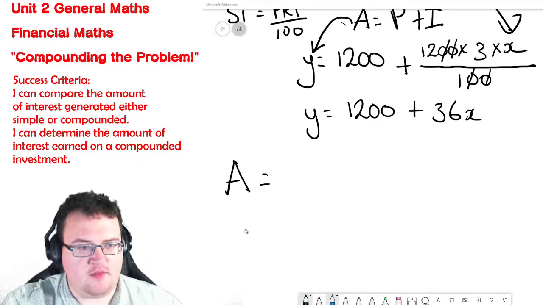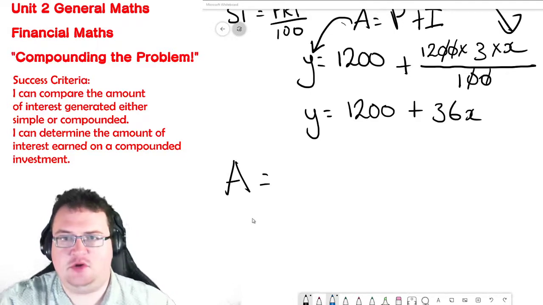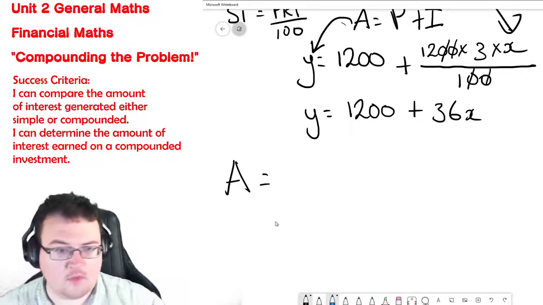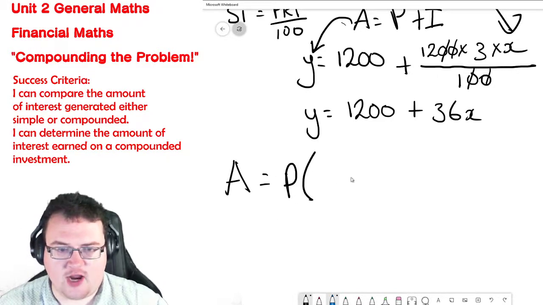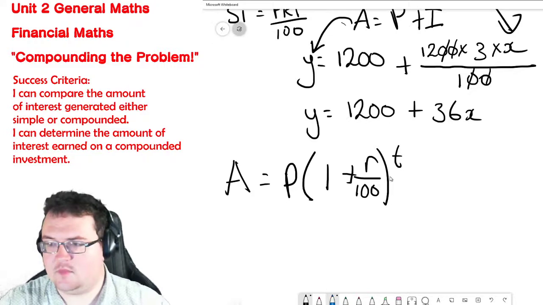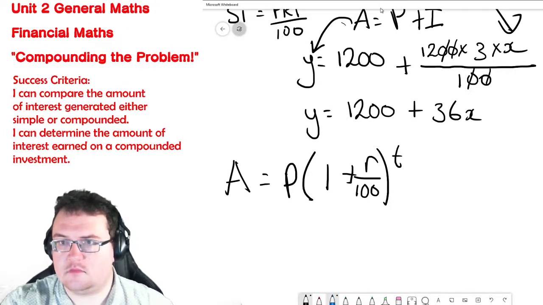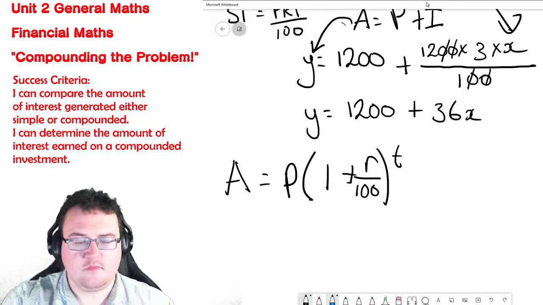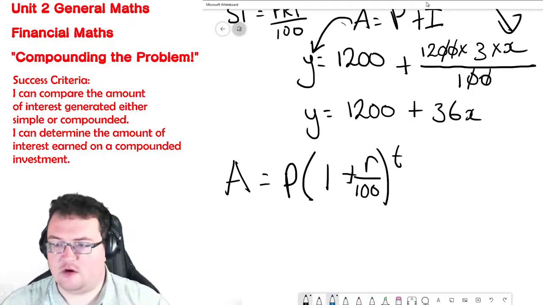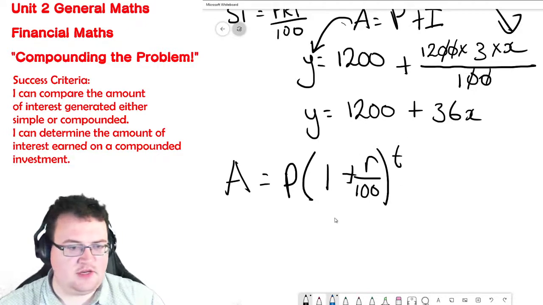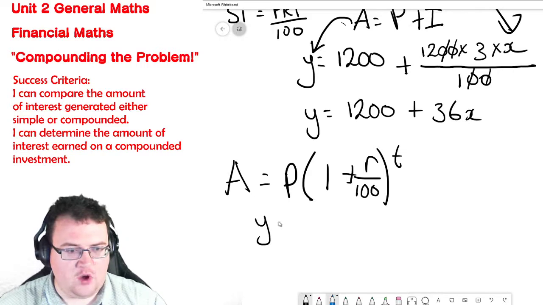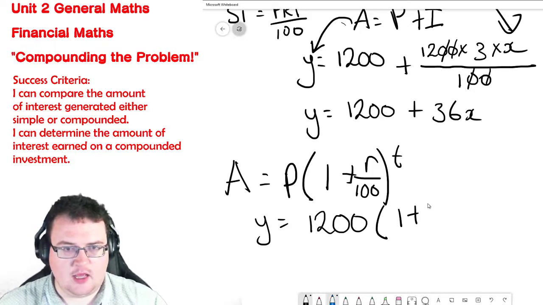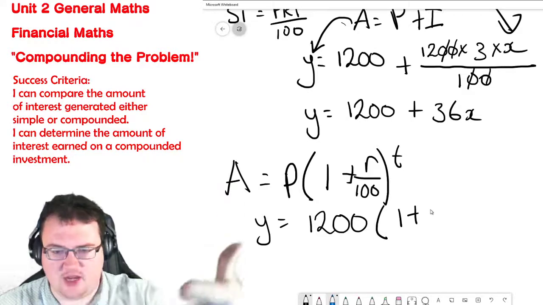So for the record, remember that our formula is equal to A equals P bracket 1 plus R over 100 to the power of T. All right, so P bracket 1 plus R over 100 to the power of T. So A, again, we don't know, so we'll call that Y. P is 1200, bracket 1 plus R. So because we're doing compound interest, we have to use the compound interest amount, which is 1.5.